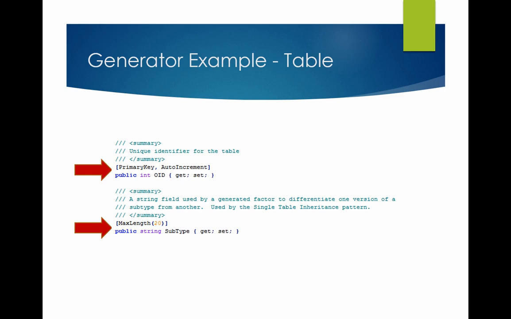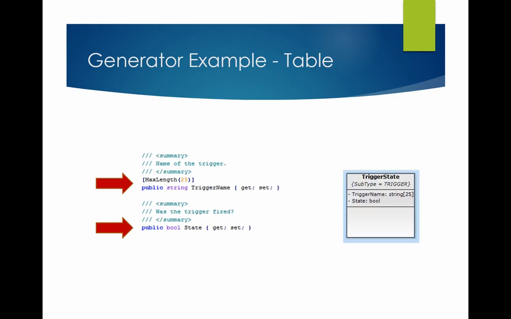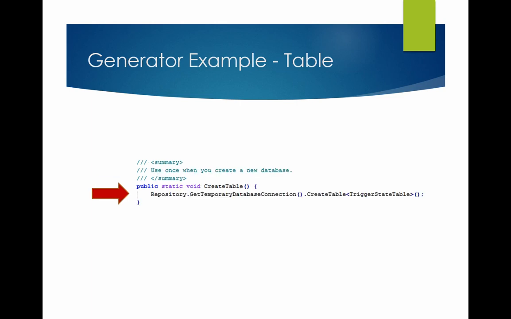Automatic creation of the OIDs and the subtype. Subtypes are used by single table inheritance to resolve which constructor to use when rows are pulled out of the database. Here's an example, again, of the attributes that were in the original table. There's a table method that gets created that allows you to construct the table.